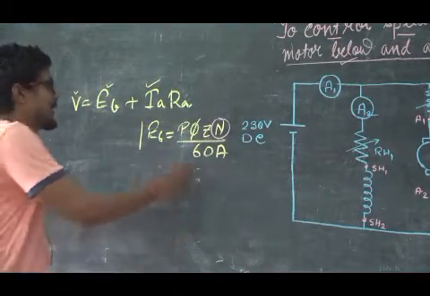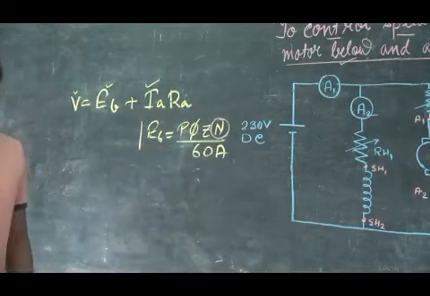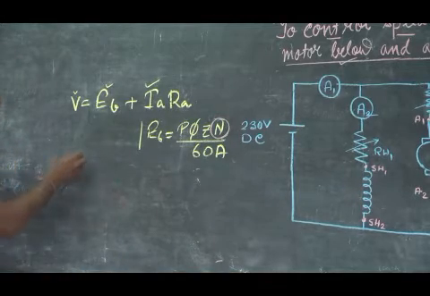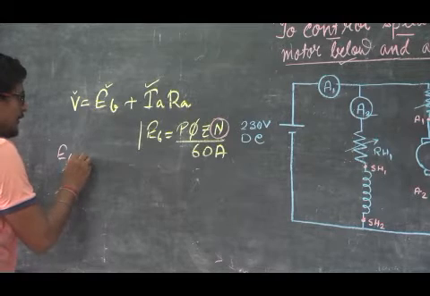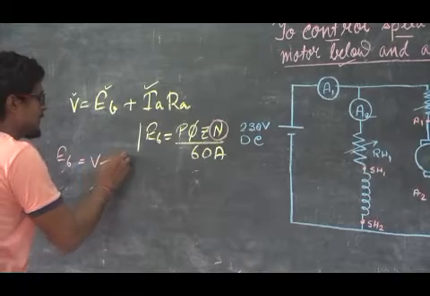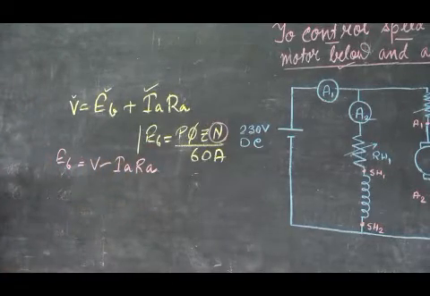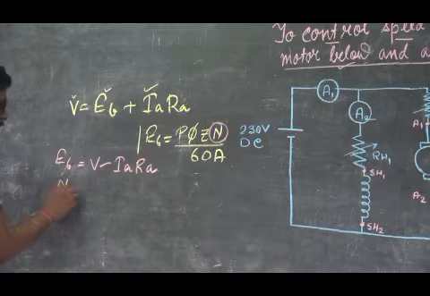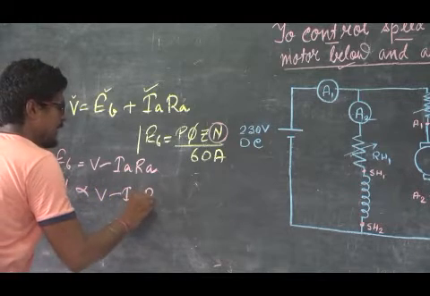So you can see that to vary N, the other parameters need to be taken to the right hand side. If you rearrange the equation, EB will be equal to V minus IA RA. Considering the speed term from EB, we can say speed is proportional to V minus IA RA.